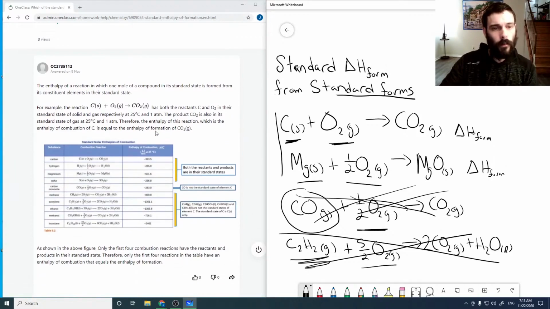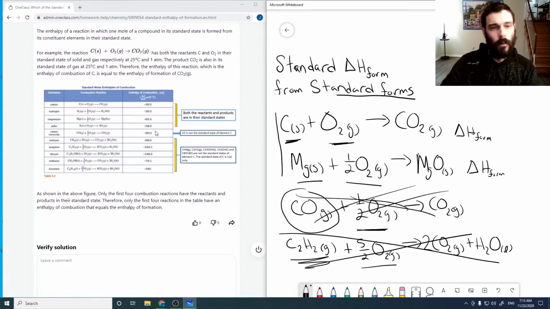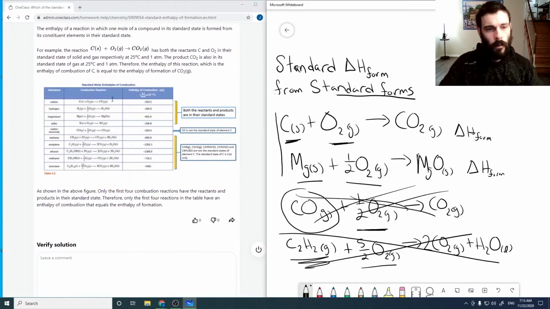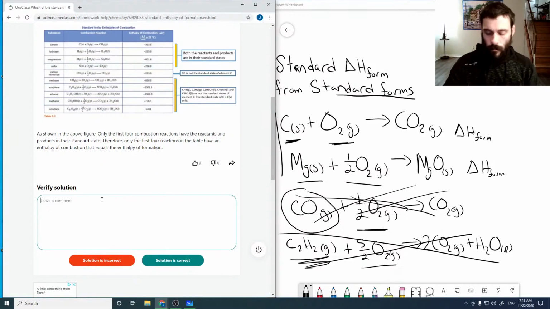Okay, so then that's what the solution's giving, and correctly identifies that the first 4 in the table are the only ones. And so that looks correct.